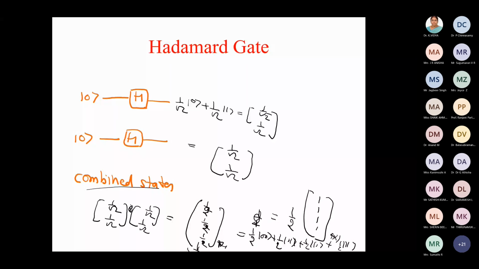So what we did is apply 2 Hadamard gates on this 0, 0 state, and we are able to have all these states 0, 0, 0, 1, 1, 0, and 1, 1 in superposition. Let's call it the Psi2 system. And if I ask you what is the probability of measuring 0, 0, can anyone tell?